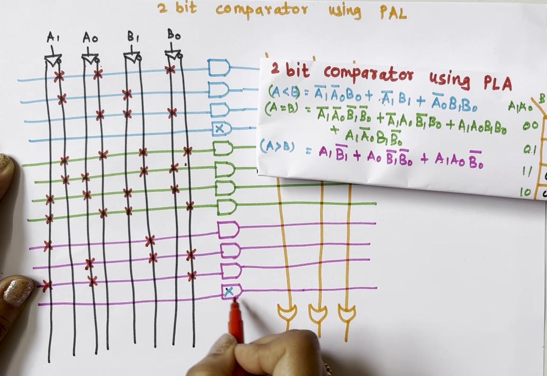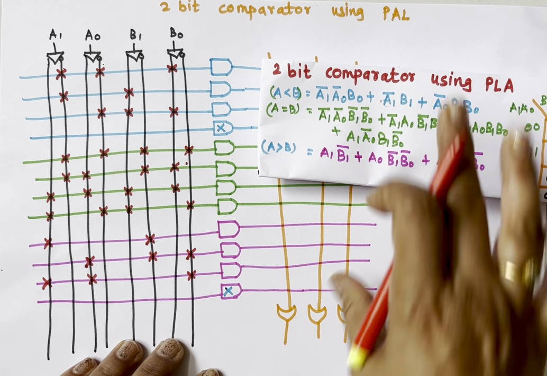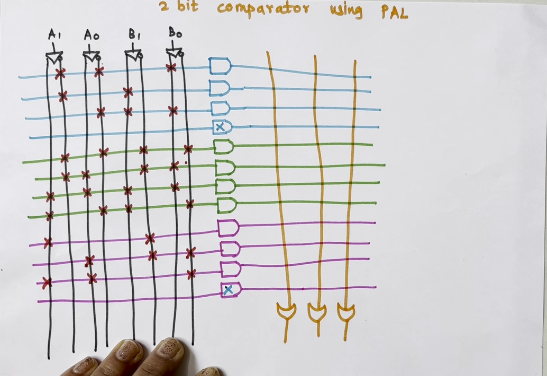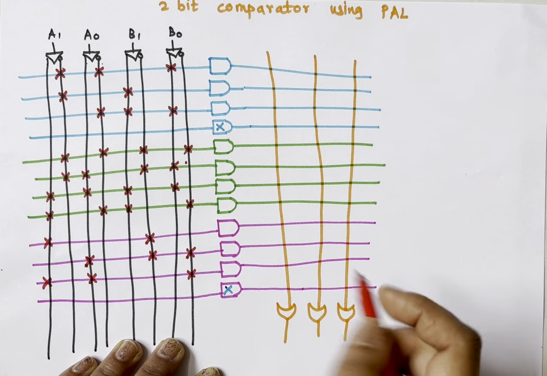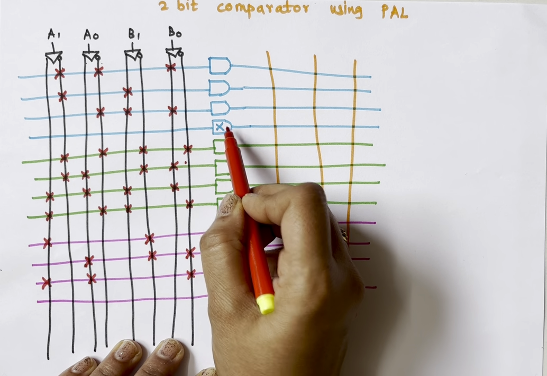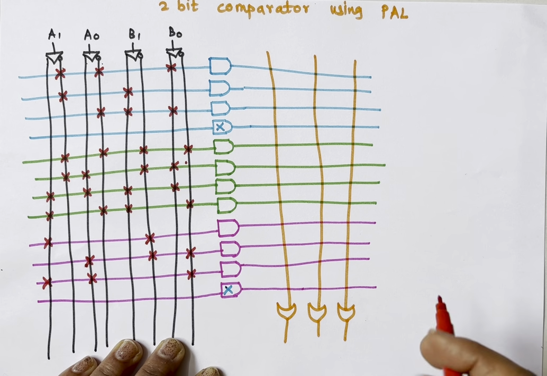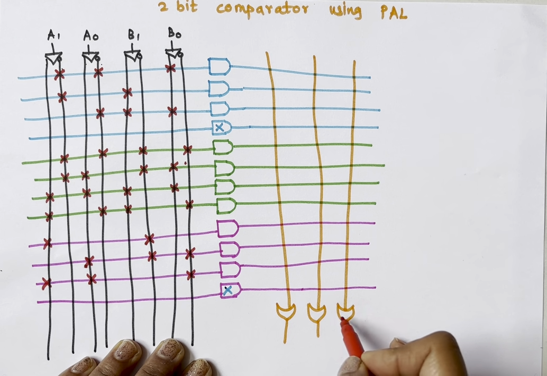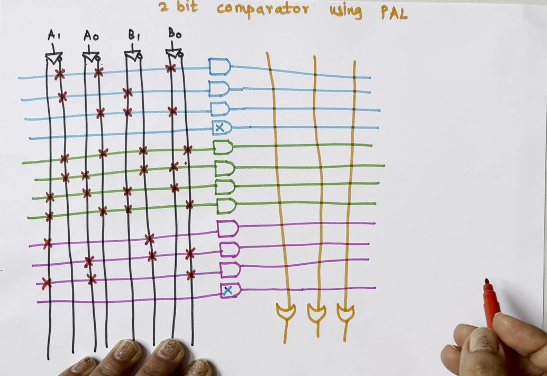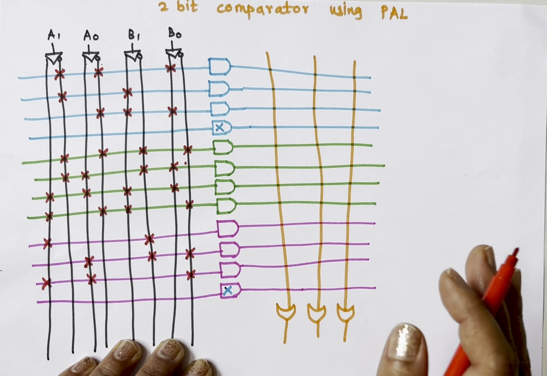And I don't need this fourth AND gate, but because in case of PAL, the OR matrix is fixed, it means every OR gate will have 4 inputs. So we will have to take these 2 extra AND gates. The best part of PAL is that because of these fixed OR gates, they are faster, but their flexibility is less.